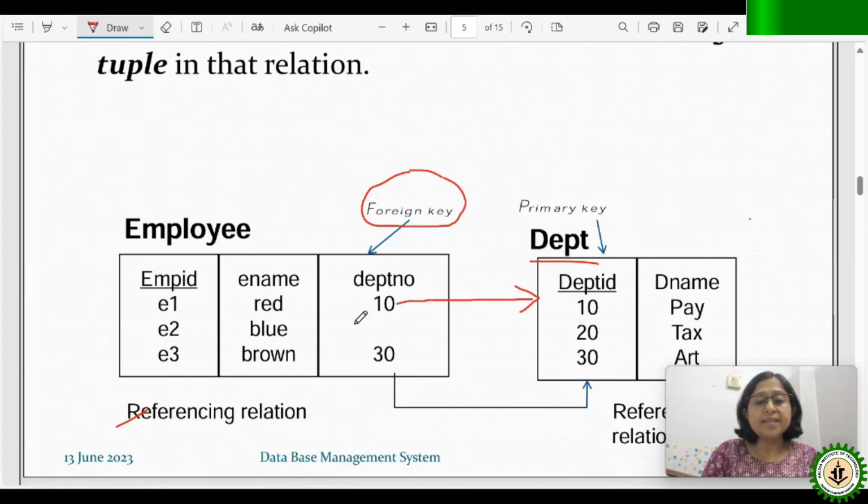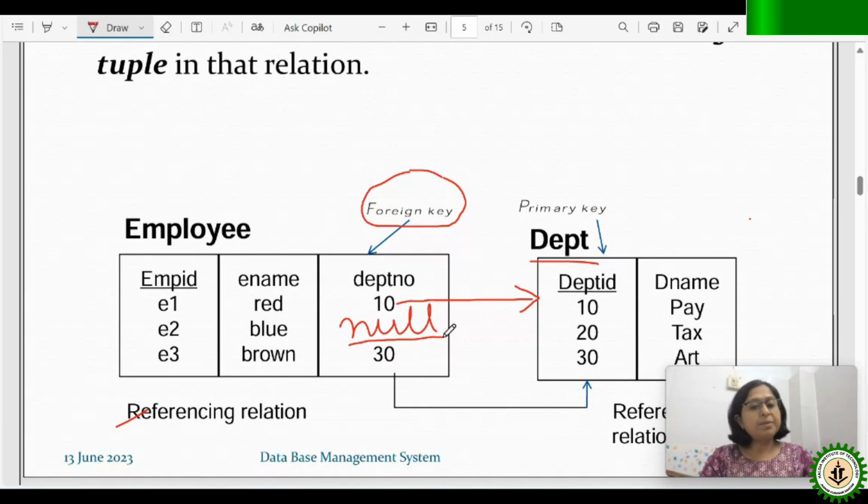In this case, there is nothing. Nothing means basically there was null. It may happen that one employee has joined the company, but at that point of time, they are not sure which department the employee will belong to. So in the department column, we can write null.